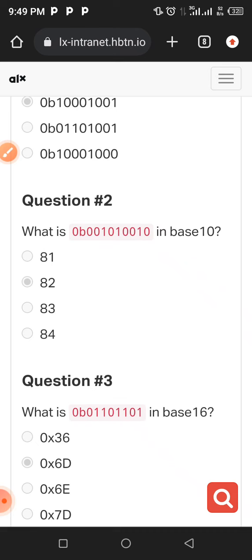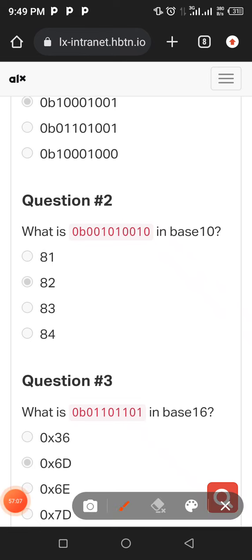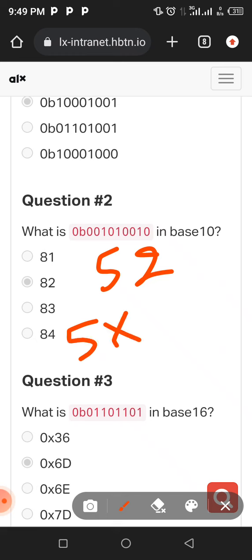The first thing you do is to convert it to hexadecimal, which is going to give us what? 52. Then you're going to convert 52 to base 10, which is going to be what? 5 times 16 raised to the power of 1 plus 2 times 16 raised to the power of 0.